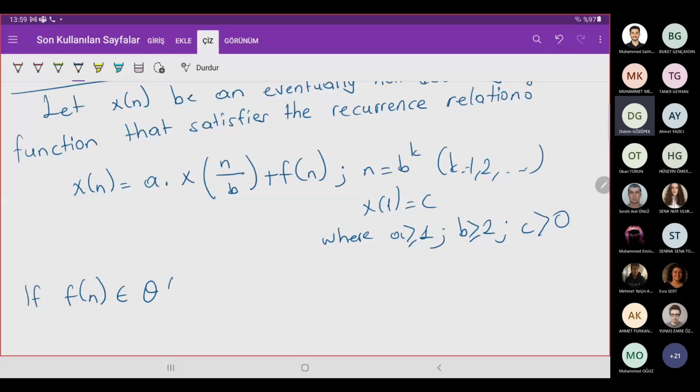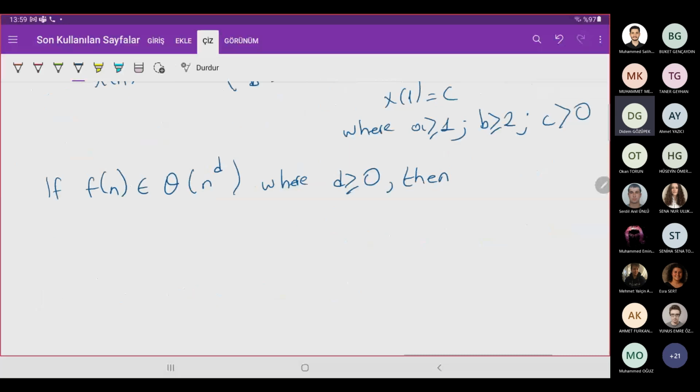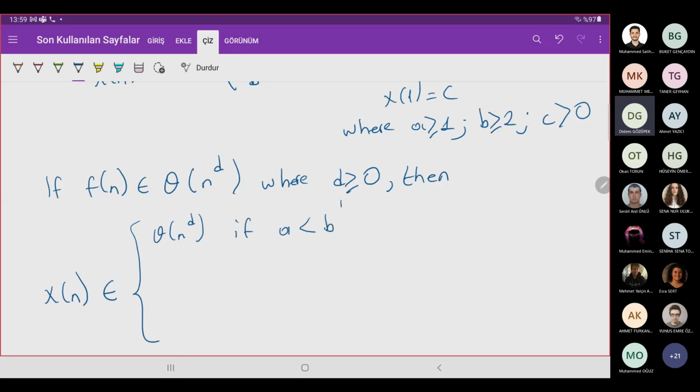So if f(n) is theta(n to the power d), where d is at least 0, then we can say the following, okay? x(n) is, so we have three possibilities: theta(n to the power d) if a is less than b to the power d, and it's theta(n to the power d times log n) if a is b to the power d for all n, okay?